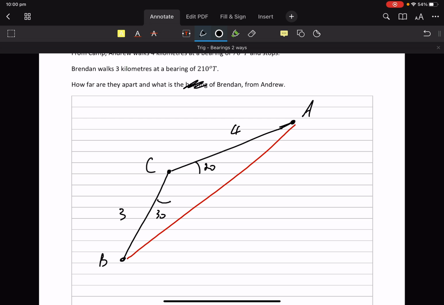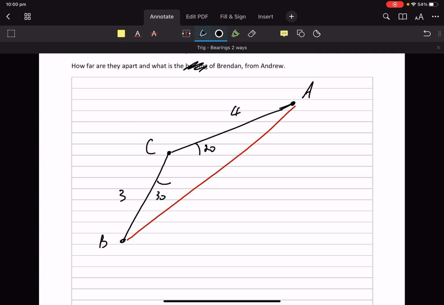Pretending we didn't find the bearing, we would definitely just go straight to the cosine rule. In the middle between here is 90 degrees, so that means all of that is going to be 140, and there's our x.